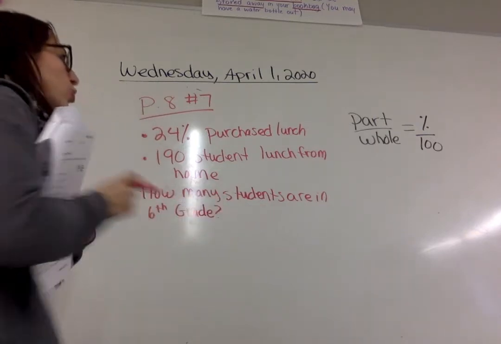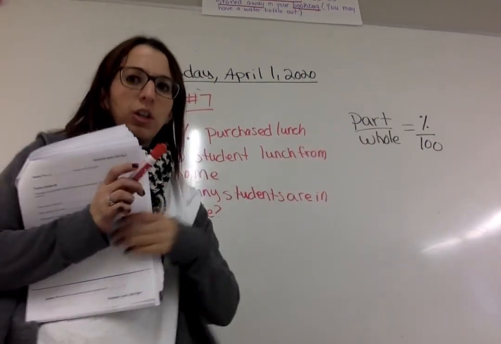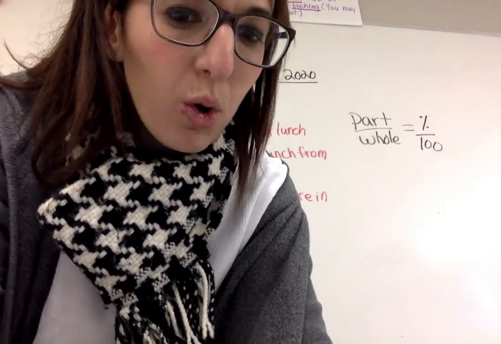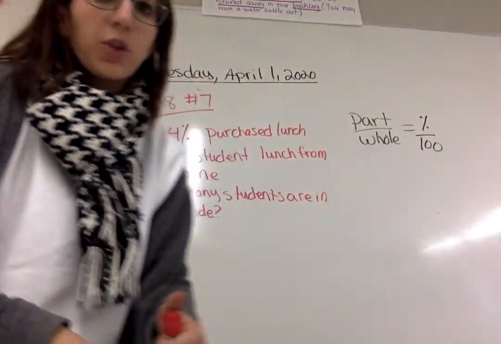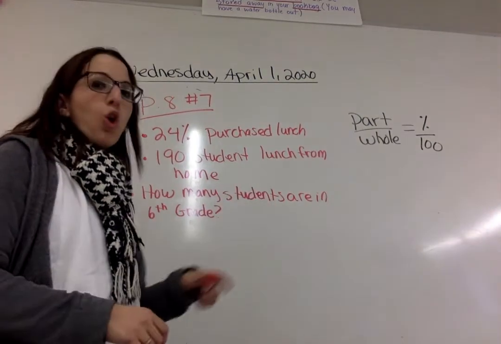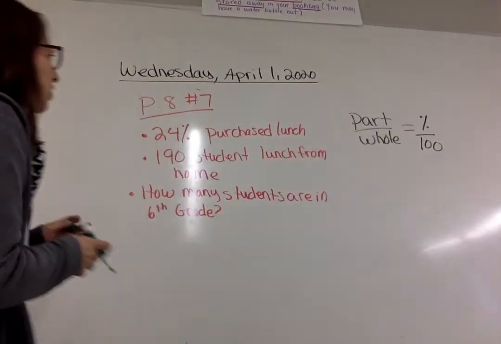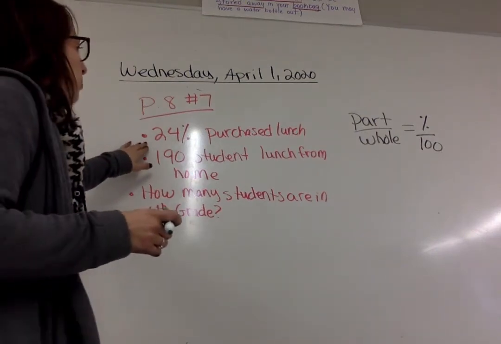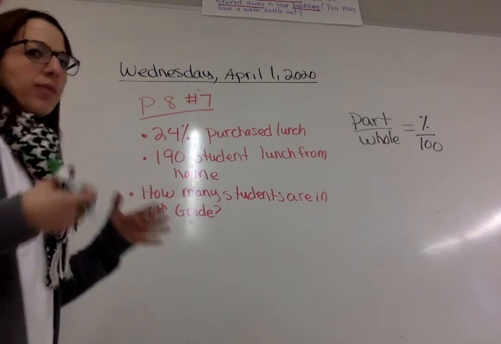Okay, we're going to use part to whole, which is in black over here, to figure this out. So let's first figure something out. If 24% of the students purchase lunch, we know that a percent is a number out of 100.